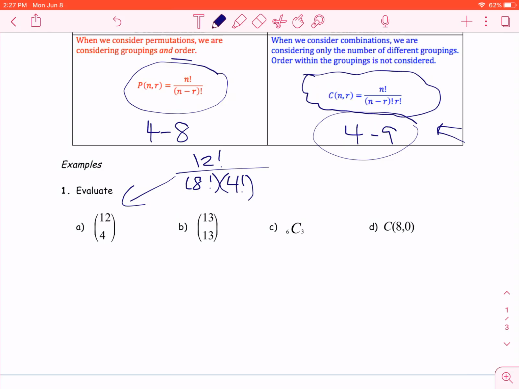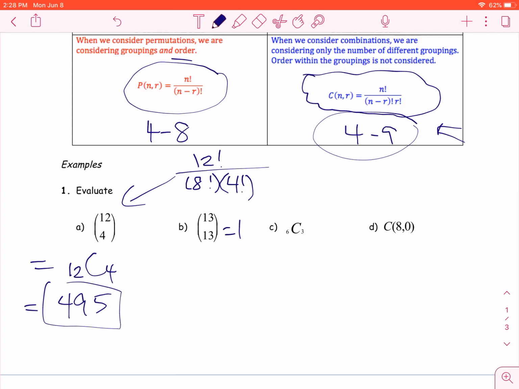If you want to try that in your calculator, you can do that as well. If we were doing this with the nCr button, you would hit 12, shift, nCr, 4. Okay, and you should get, 12 C 4, that's just another way of writing it, 495.